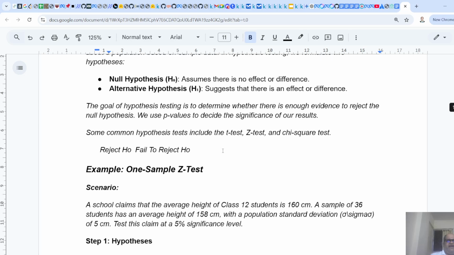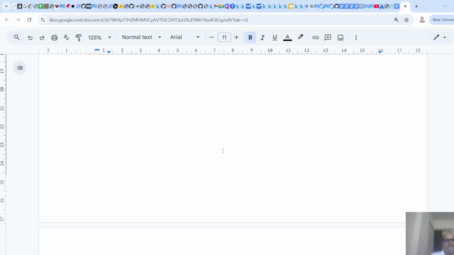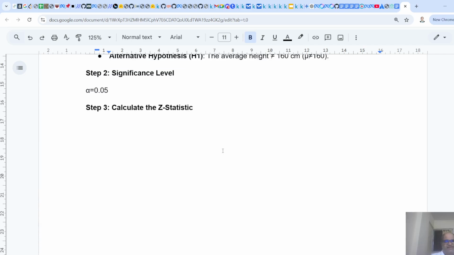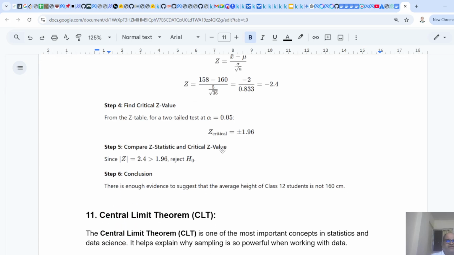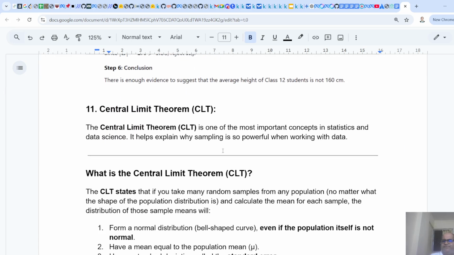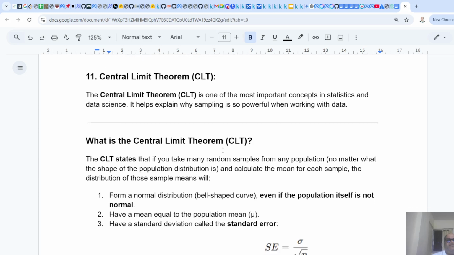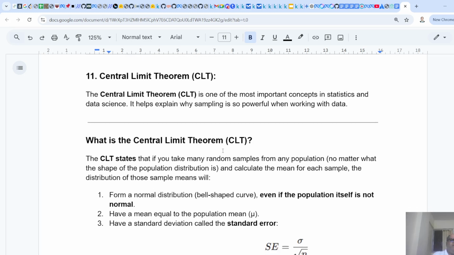But this would be good enough for us. We have covered the Z test and t-test, taken one example, talked about one or two tails in brief, and also covered hypothesis testing. We'll move towards closing this topic by touching upon another very important term, known as the central limit theorem, CLT.